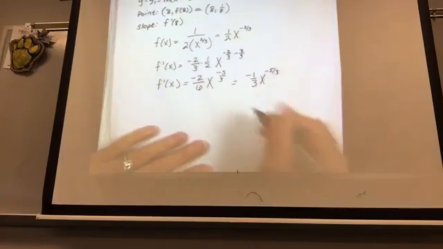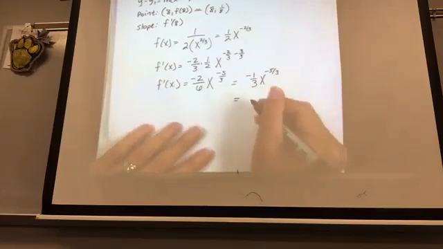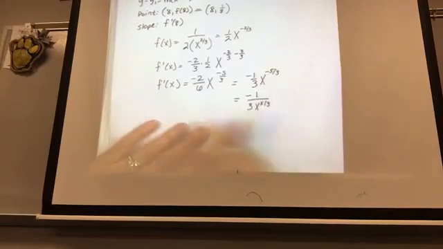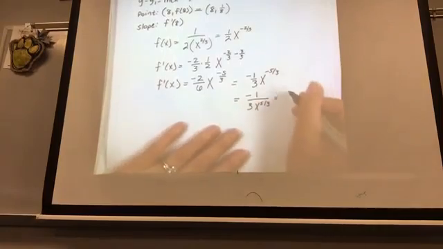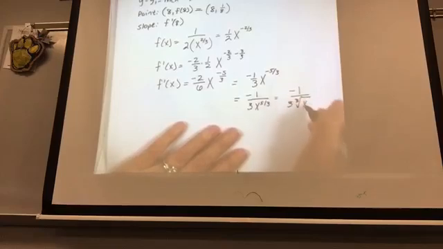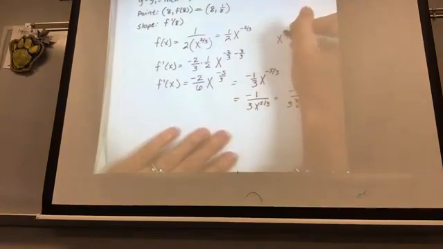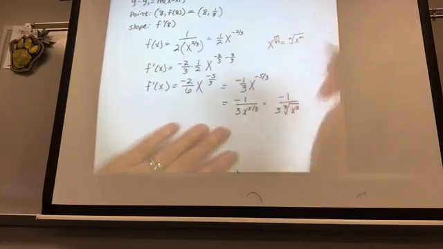And so now moving the negative 5/3 to the denominator, I have negative 1 over 3 times x to the positive 5/3. How would you write that as a radical? The cubic root of x to the fifth. Good. It's that rule, x to the m over n is equal to the nth root of x to the m.